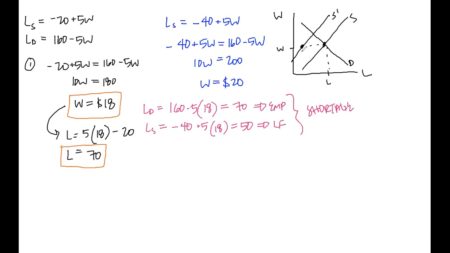So these 2 points I'm highlighting show the amount in the labor force, which is 50, and then the amount demanded by firms. So this difference here is a shortage. So there isn't any unemployment because there's not an excess of supply, but it's going to be harder for firms because not as many people are supplying labor as they want people to. So again, there's no unemployment, but there is a shortage.